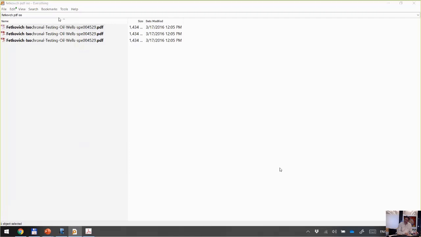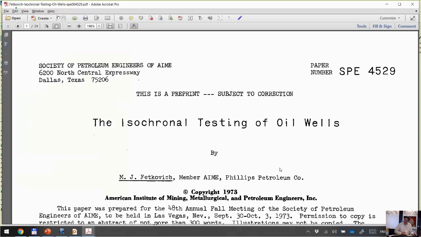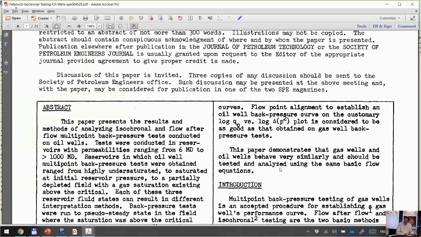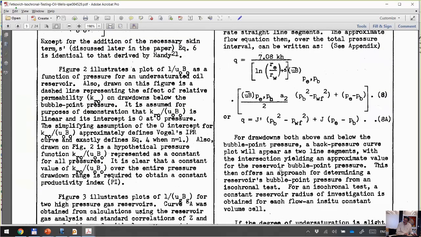He wrote an entire paper about why you would do it, and the Ekofisk example was why. He showed that most of the tests deviated from Darcy's law, according to the Forchheimer type equation, and that was the standard for those Ekofisk tests.